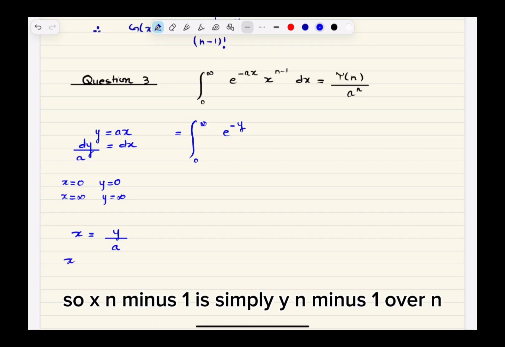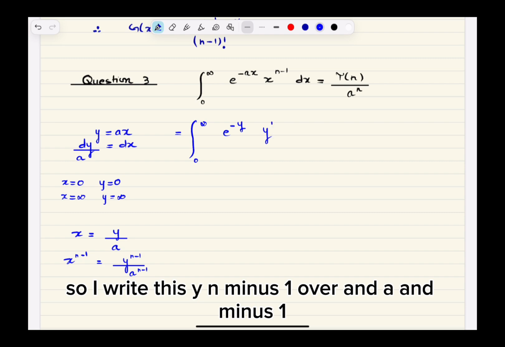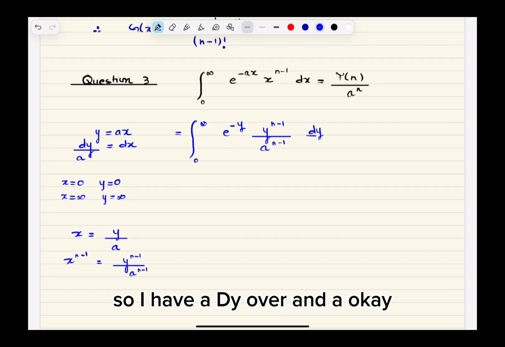So x^(n-1) is simply y^(n-1) over a^(n-1). I write this y^(n-1) over a^(n-1), and we have to replace the dx with dy over a.